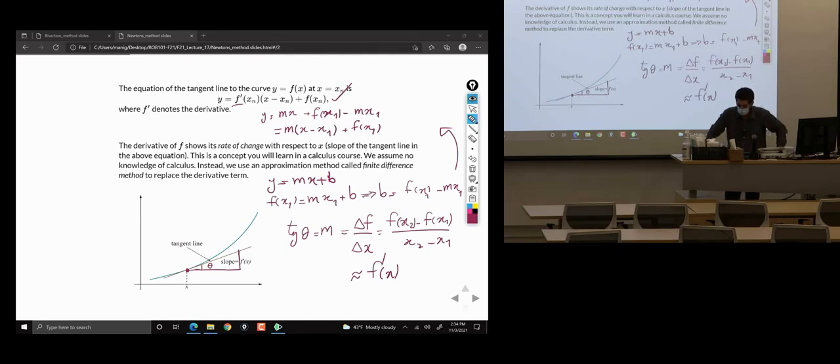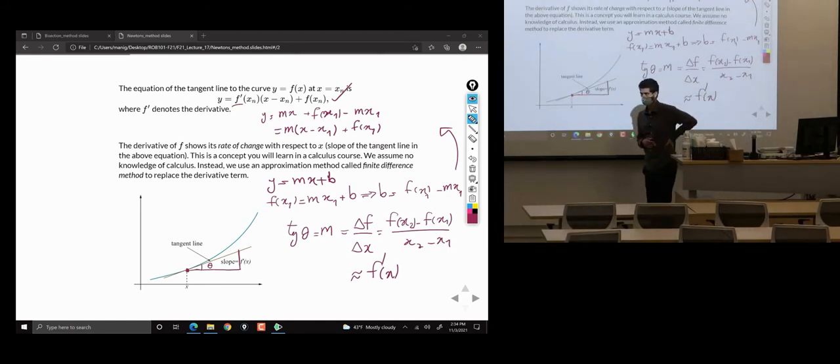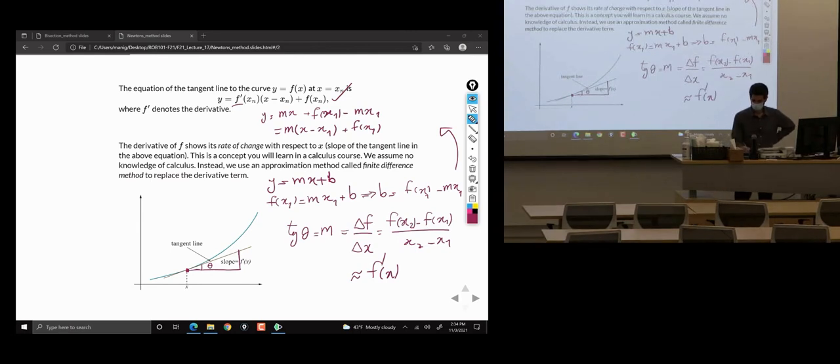Okay, so now the next question is, how do you actually calculate this delta? We're looking for ideas of how to define this delta f over delta x. In particular, what are x1 and x2? Sounds like I have so many options.